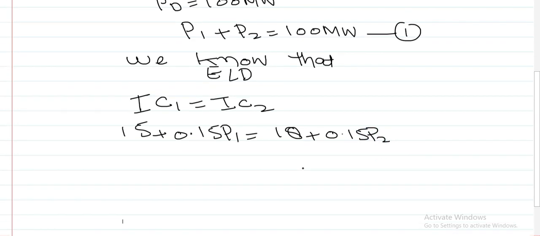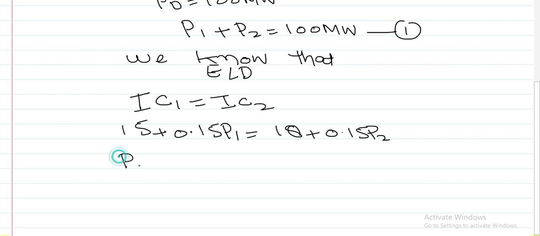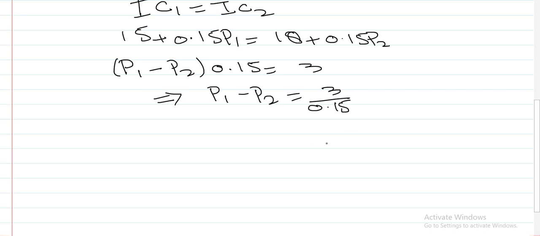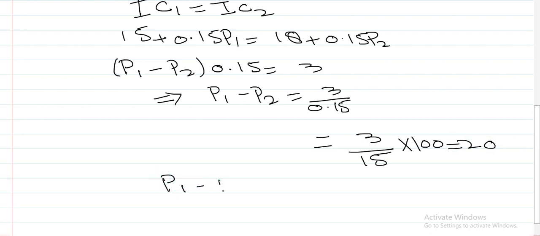Now on solving we get 0.15 (P1 minus P2) equal to 18 minus 15, that is 3, which implies that P1 minus P2 equal to 3 divided by 0.15, or we can write this as 3 by 15 into 100, that comes out to be 20. That is, P1 minus P2 is 20.